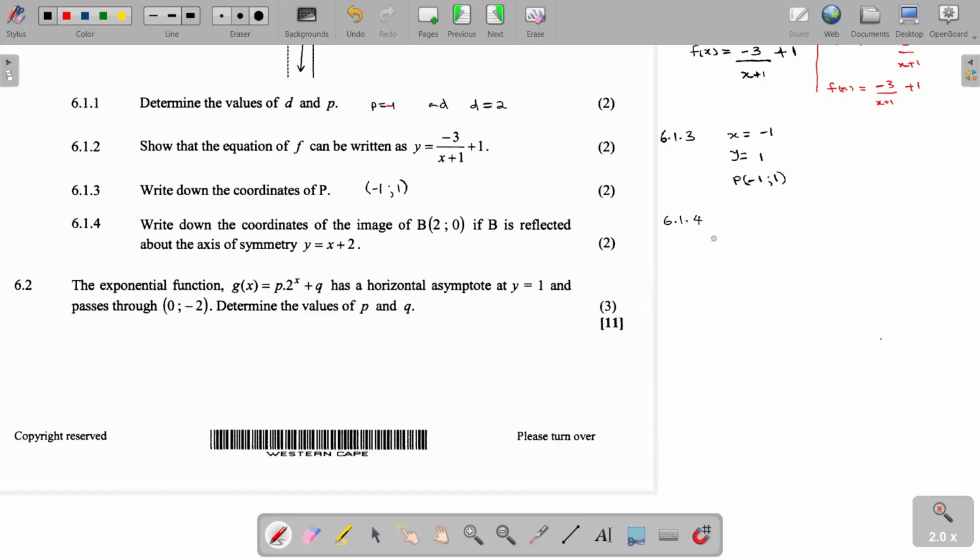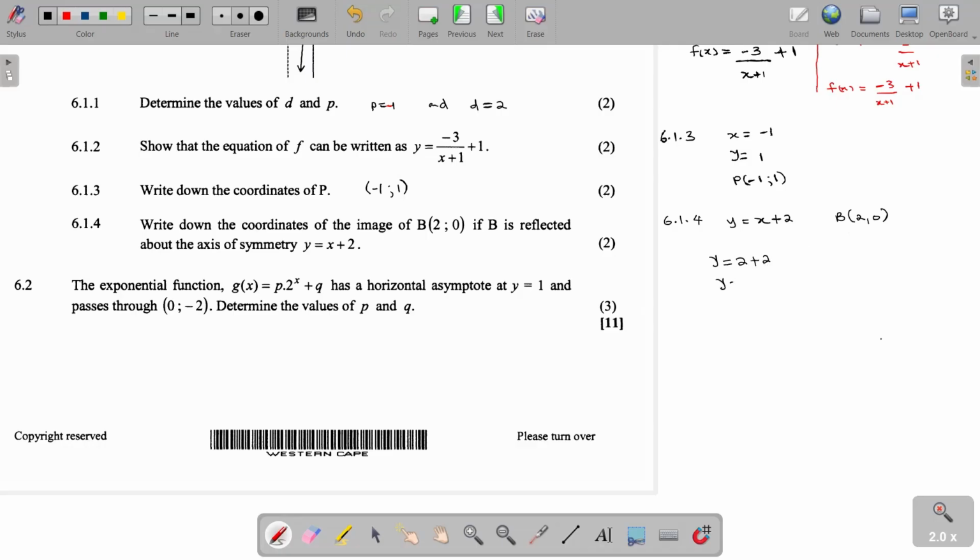Then question 6.1.4, we are told write down the coordinates of the image of B if B is reflected about the axis of symmetry y equal to x plus 2. Then the point that is going to be reflected is B, which is (2, 0). So to get the image, to get the y value, we are just going to substitute the x value there. So y is equal to 2 plus 2.